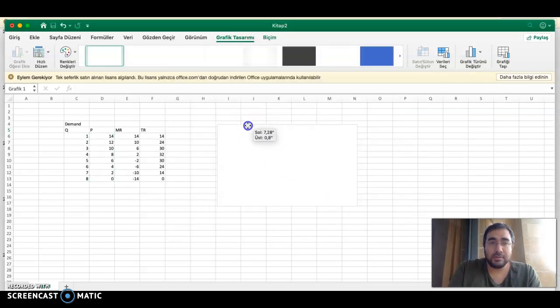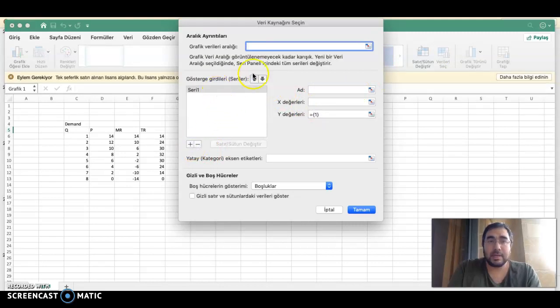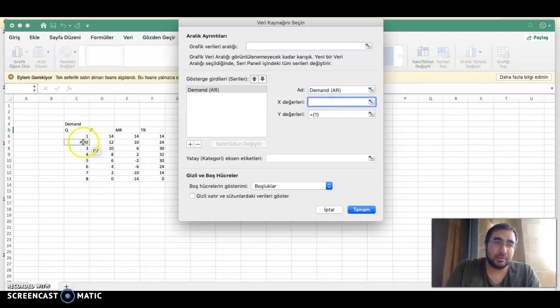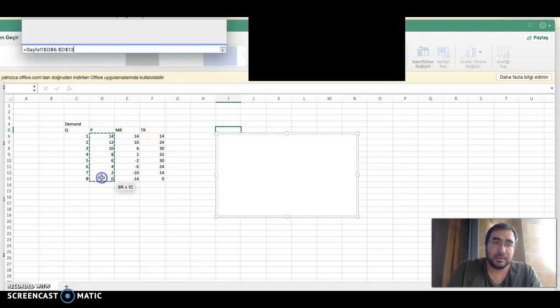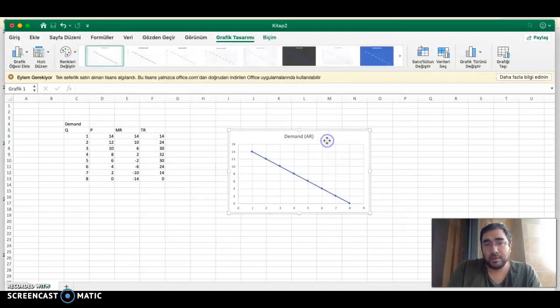Let's try it again. Let's add a series. Okay, this is the demand, which is at the same time the aggregate average revenue, and the x values are the quantities, y values are the prices, and this should give us our demand curve.